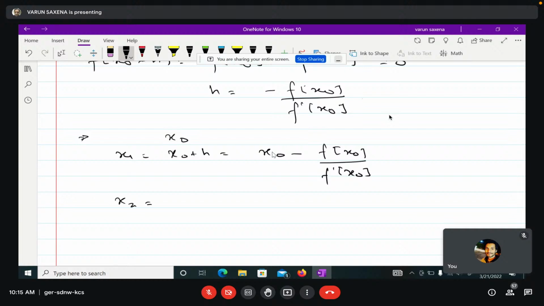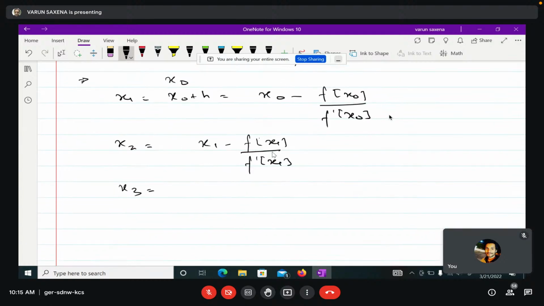Then the next approximation x2 will be x1 minus f(x1) divided by f'(x1). Every time you check whether f(x1) is equal to 0 or less than epsilon. If this condition is satisfied, you don't need to go to x2. If it is not satisfied, you go to x2 and check this condition again, less than epsilon. If that is not the case, then you evaluate this function again.